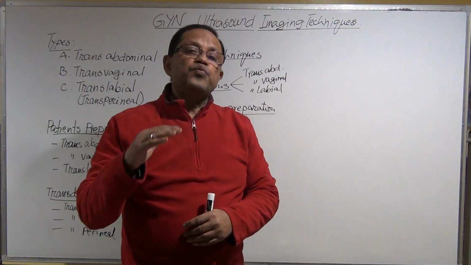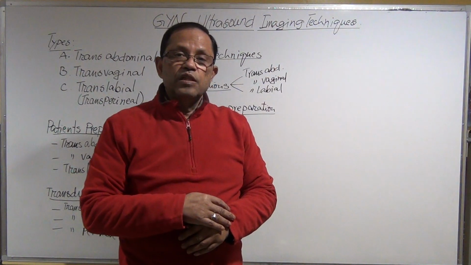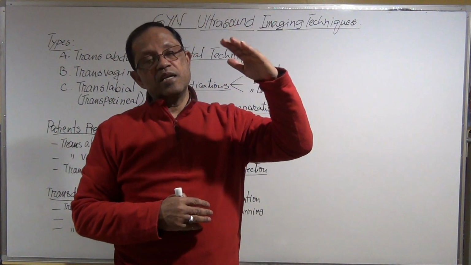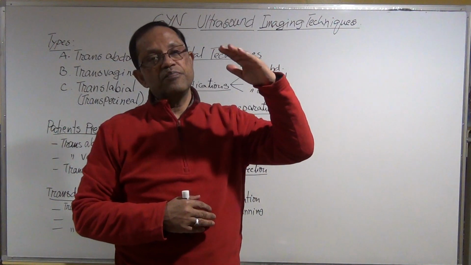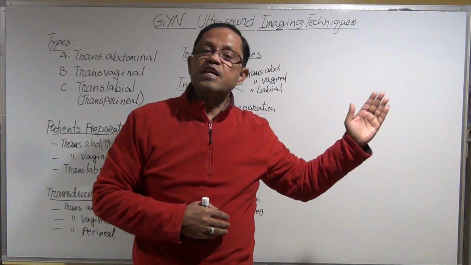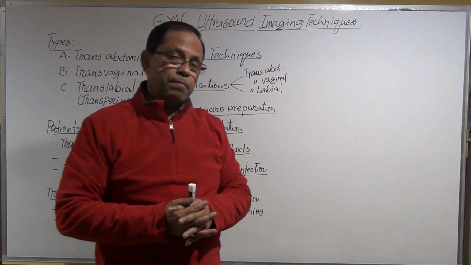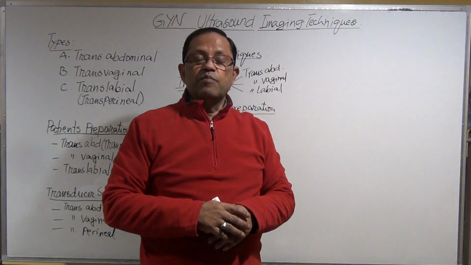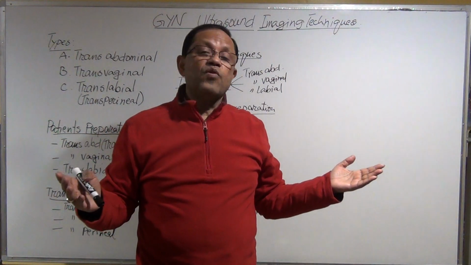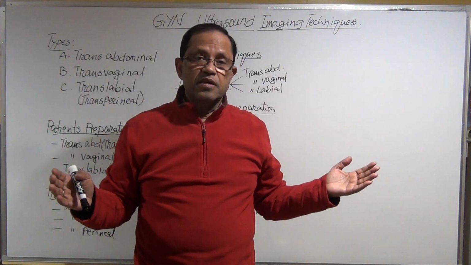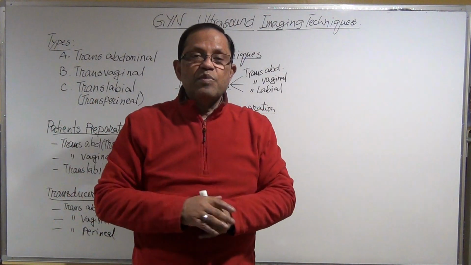When the bladder is full, the fundus, or apex, of the bladder should come up to the fundus of the uterus. The bladder will be distended, maybe 400, even 500 cc of urine collected in the bladder.